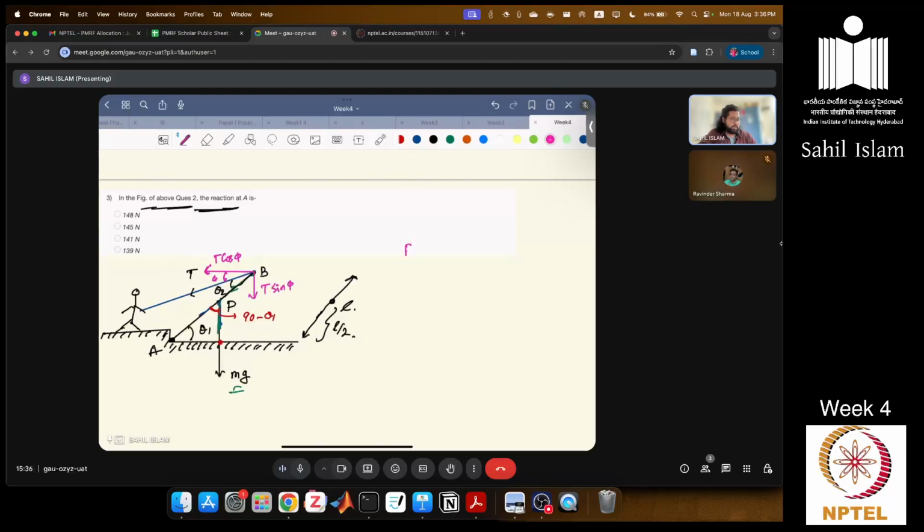The force along the x direction is T cos phi, the force along the y direction is T sin phi plus mg, because there was an mg mass. So the magnitude of the total force is the square root of T cos phi whole square plus T sin phi plus mg whole square.